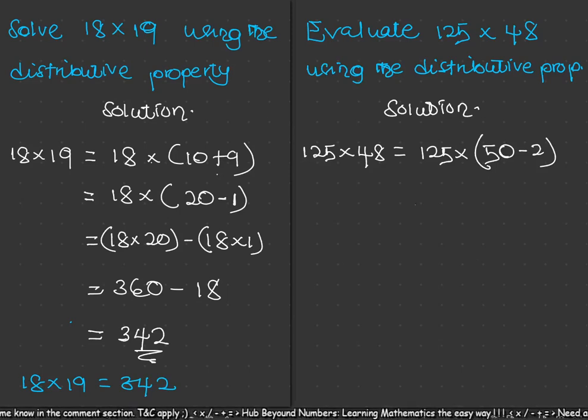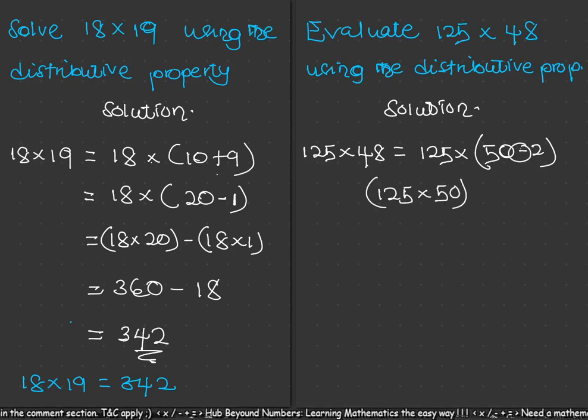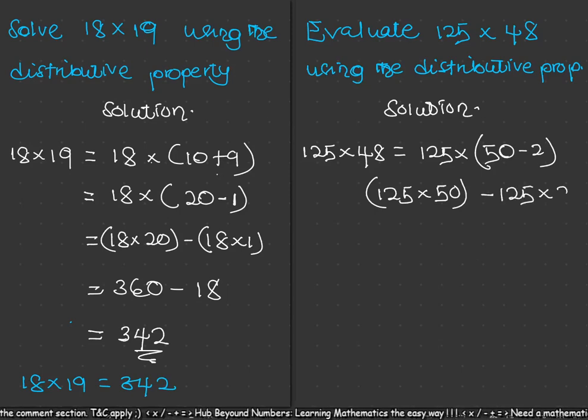Then we do what? We distribute the 125 over the bracket so that we are going to get 125 times 50. Then our subtraction comes, minus 125 times what? Your 2.